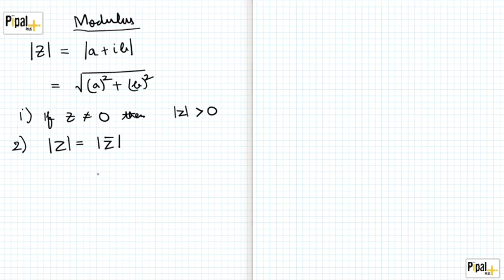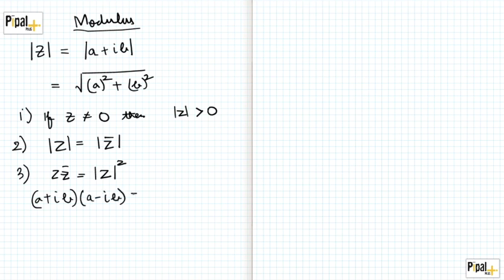Then the next property is that the product of a complex number and its conjugate gives us the square of the modulus. Now why does this happen? Because if the complex number were a plus ib, I'm multiplying a plus ib with a minus ib.